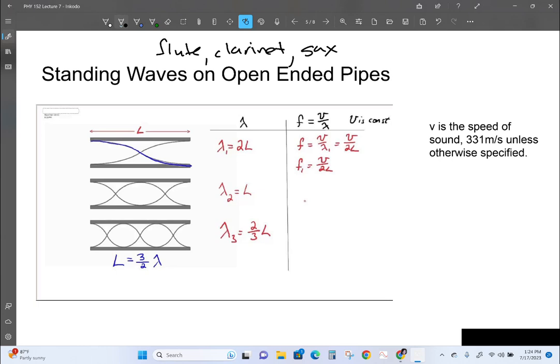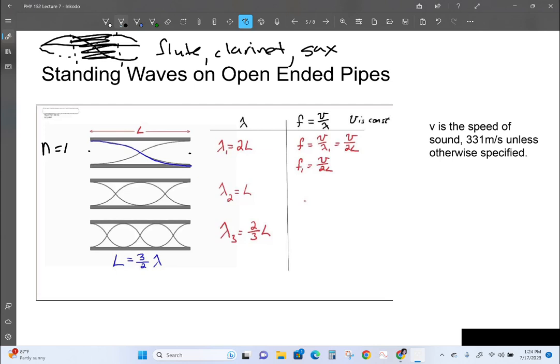So it turns out that the types of waves that can fit on these have to have antinodes at both ends, because there's nothing pinching it off. But it turns out that the relationship is still the same. So when n is 1, let's just draw a wave here. If you think about it, this area here is half the wavelength.